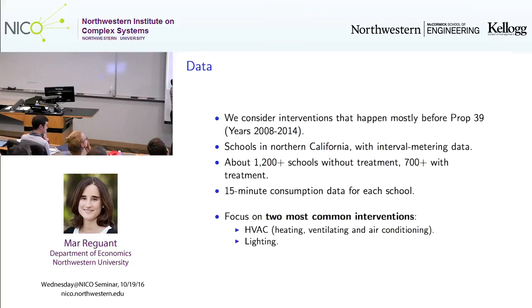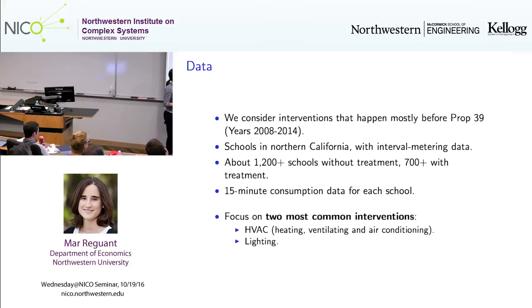For each of the schools, we observed when they took the measures, what the measure was, what the expected savings from the measure were, how much it cost them, and a bunch of other characteristics. On a day-to-day basis, what we do have is 15-minute data of their electricity consumption. So for every public school, we will see every single day what they are doing with their electricity.